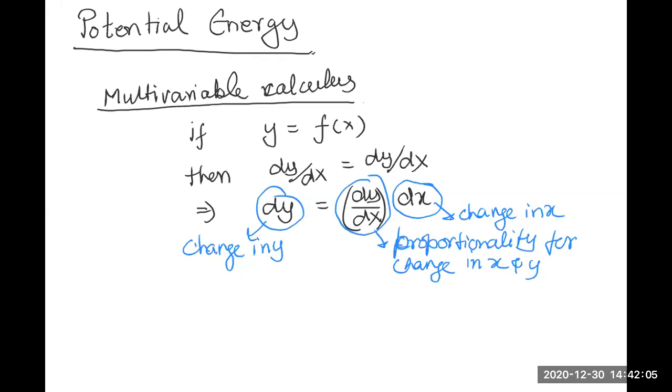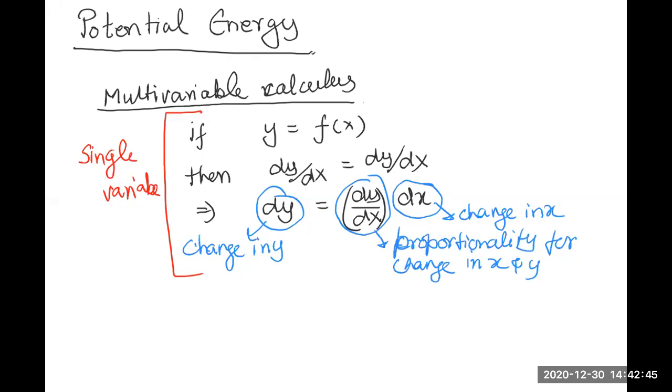What this means is that if dy by dx is very large, if the slope is very large, then for a corresponding change in x, the change in y will be large. And if the value of dy by dx is very small, then the corresponding change in y for a particular change in x will be small. Right? This is what calculus means. Single variable calculus.